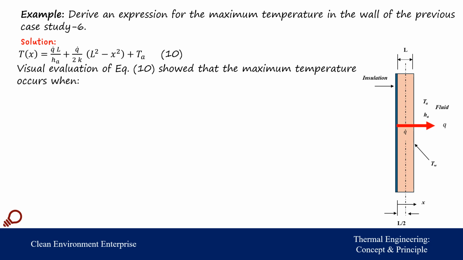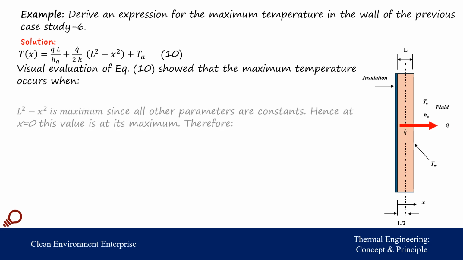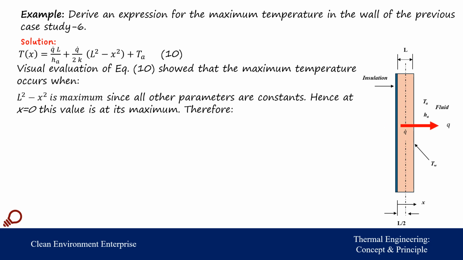For this equation, the maximum temperature occurs when L square minus X square is maximum, since all other values are constants: temperature of the wall, Q dot, thermal conductivity, the thickness of the wall, heat transfer coefficient, all of these parameters are constants.